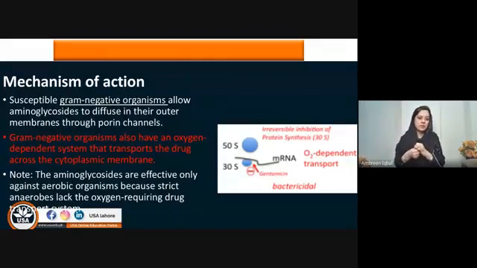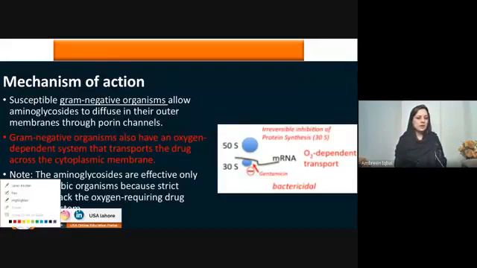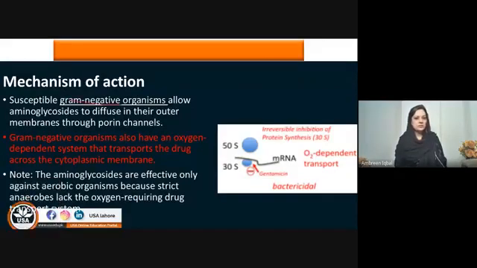Fine. Aminoglycosides are susceptible only towards gram-negative organisms. They diffuse through their outer membranes via porin channels.